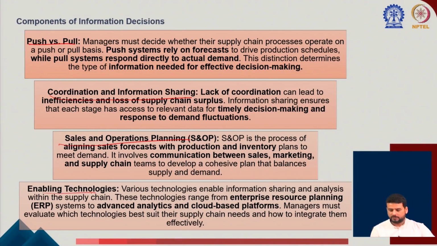Enabling technologies. Now we have enterprise resource planning, material resource planning, advanced analytics, and cloud-based platforms, which are helpful to utilize your capacity and resources in a more efficient way. Like we talked about in the warehouse session, we can have an automated warehouse system where robots manage all those systems, stock rotation can be ensured, and with the help of enterprise resource planning we can ensure no inventory goes obsolete.